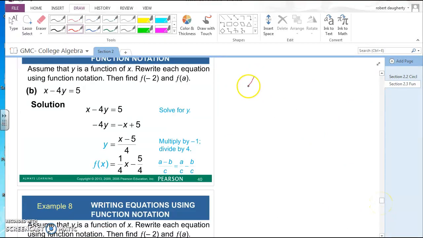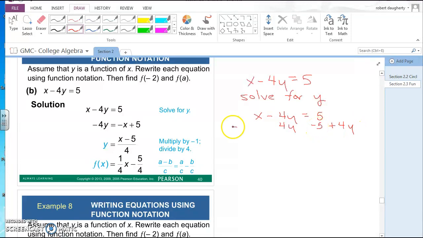Let's look at the next one, x minus 4y equals 5. So the first thing I need to do is solve for y. So x minus 4y equals 5. I'm going to add 4y to both sides and subtract 5 from both sides.